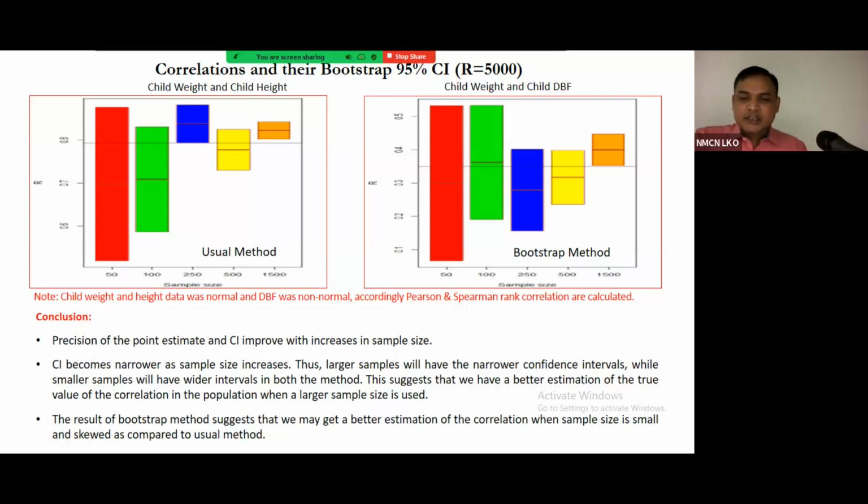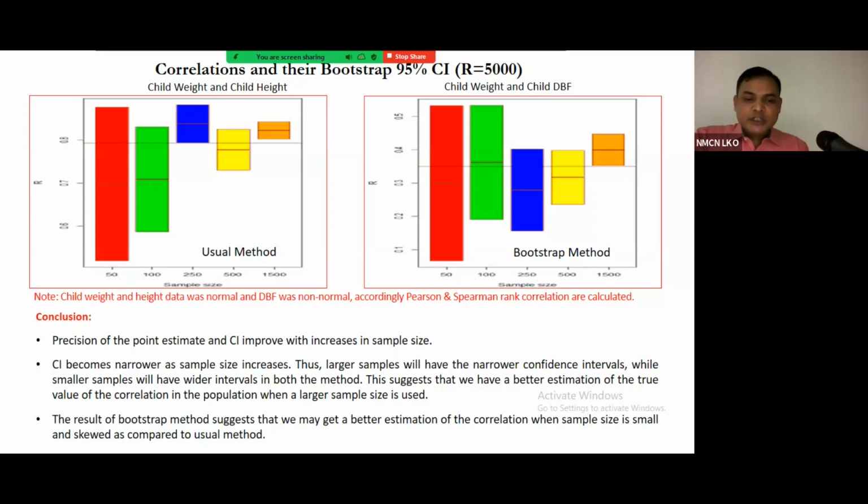Thus, a larger sample size will have a narrow confidence interval, while a smaller sample will have a wider interval in both methods. This suggests that we have a better estimation of the true value of the correlation in the population when a larger sample size is used.